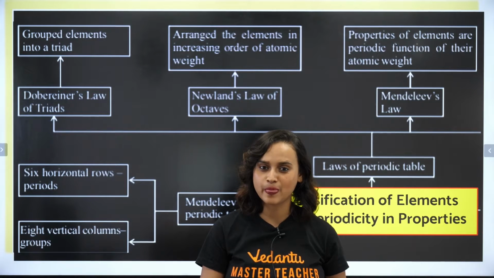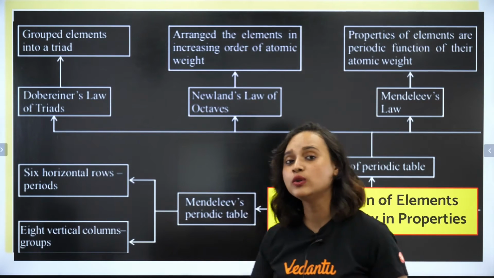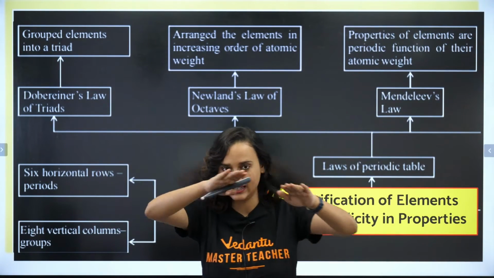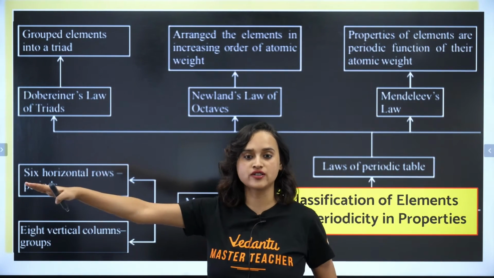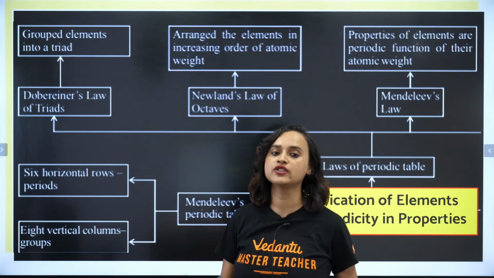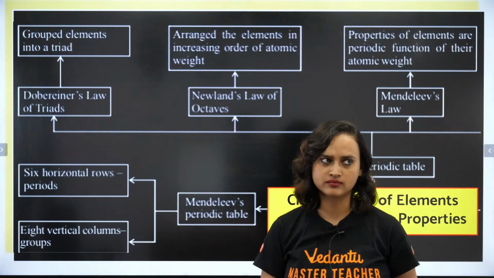And what he did was there were 6 horizontal rows which he called periods, and there were 8 vertical columns which he called groups. That was Mendeleev's periodic table.